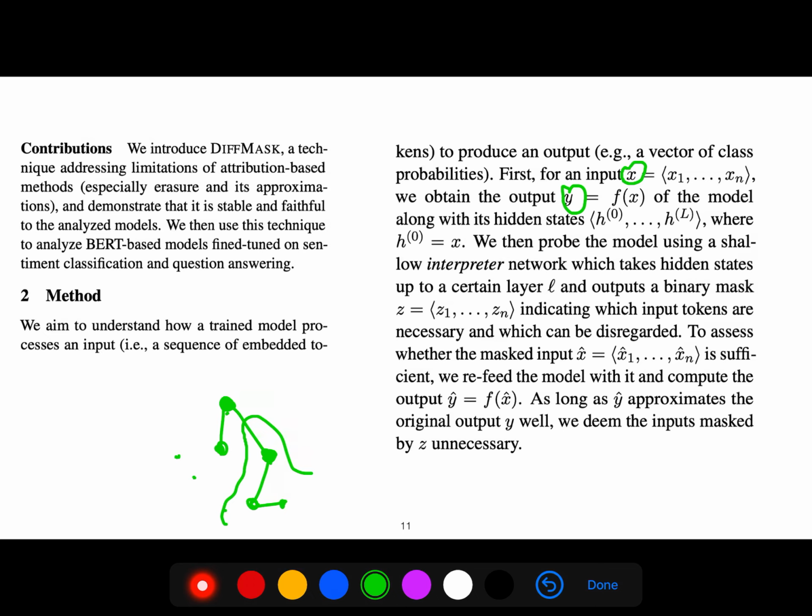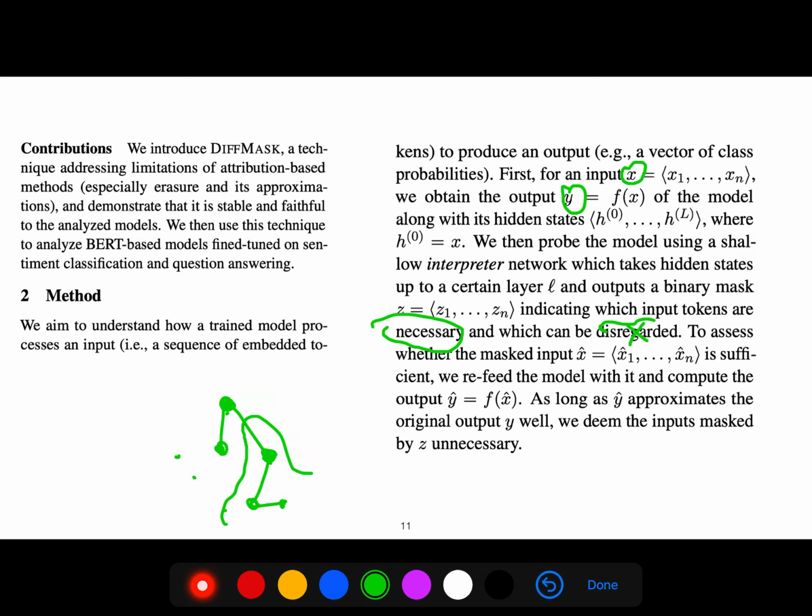So we probe the model using a shallow interpreter which takes hidden states up to a certain layer and outputs a binary mask indicating which input tokens are necessary and which can be disregarded, because they don't have any big influence. To assess whether the masked input is sufficient, we refeed the model with it and compute the output.